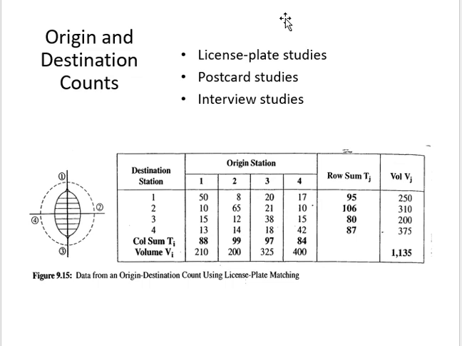This number is the summation. So 250 upon 95 will be the correction factor for row 1. For column 1 it will be 210 upon 80. Clear? Each row and column has a correction factor.